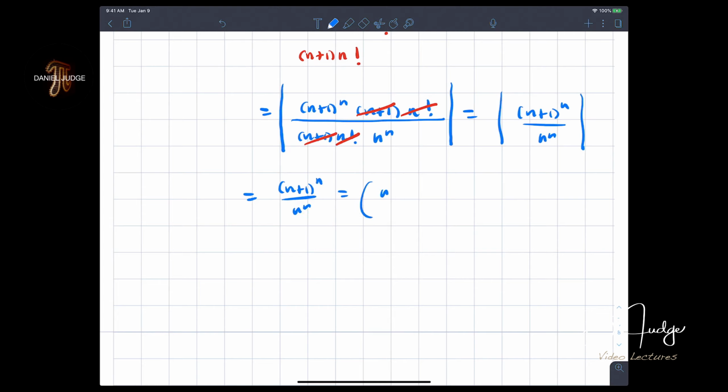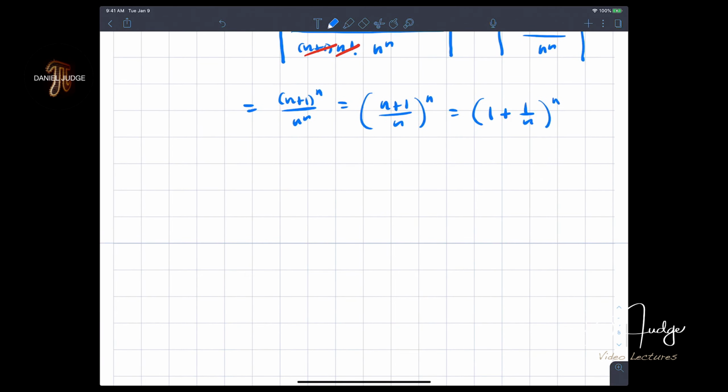By properties of exponents, you have n plus 1 over n, to the n, which becomes 1 plus 1 over n, to the n, algebraically speaking. So that means the limit of a sub n plus 1 over a sub n is the limit of 1 plus 1 over n to the n as n gets big.